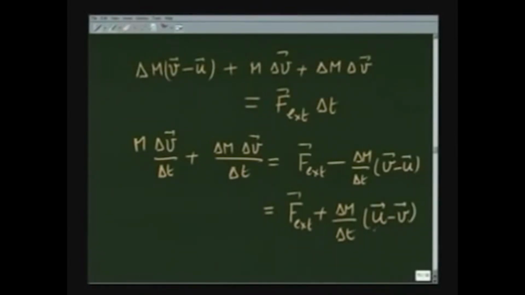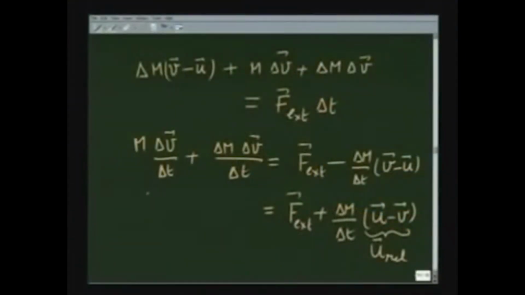I do so because this quantity I then recognize is nothing but u relative, the velocity of mass delta m with respect to my initial mass. So, the system that I am focusing on satisfies this equation. When I take the limit delta t going to 0, this term can be dropped because it is going to have a delta t on top, and therefore we neglect it.